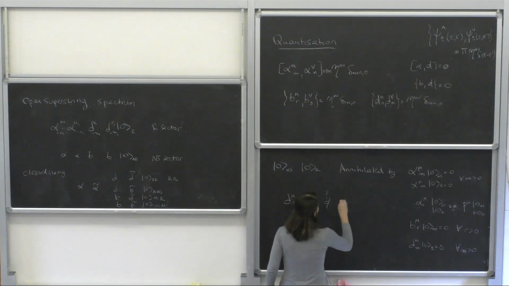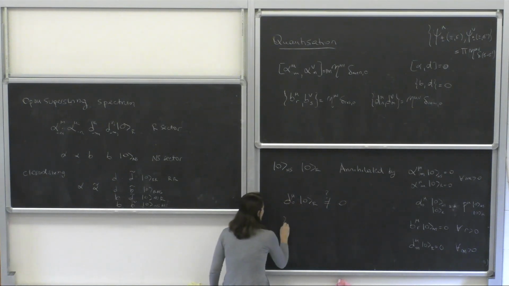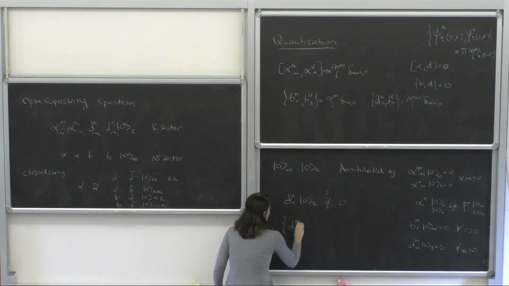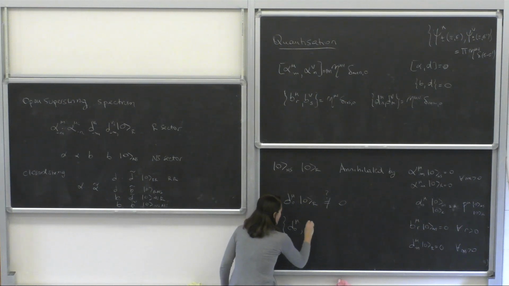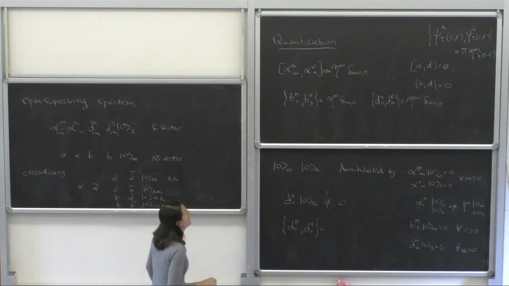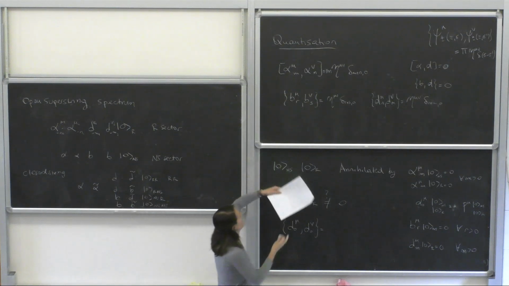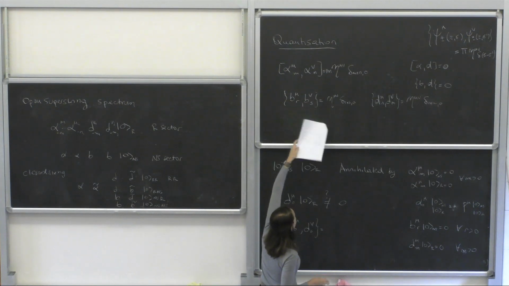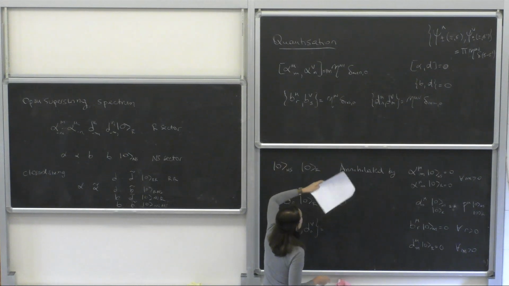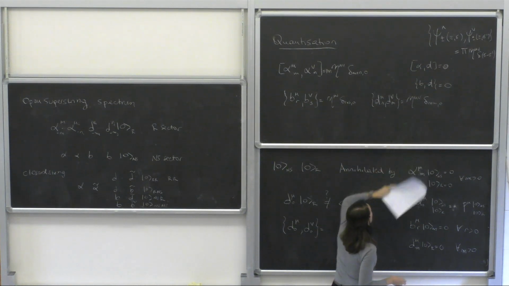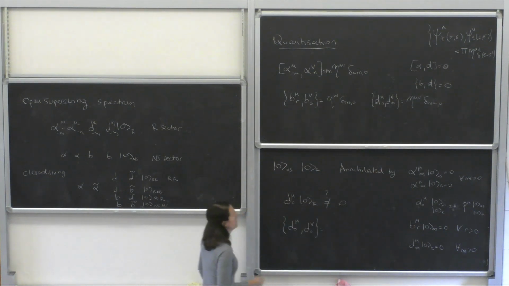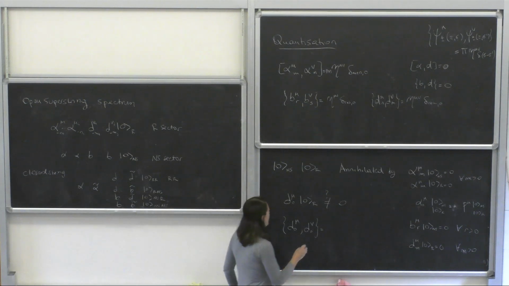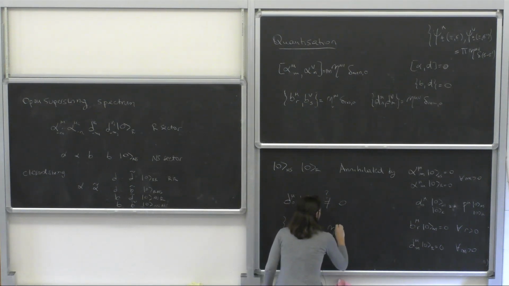Furthermore, d_0 and d_0: in the alphas I have the m, so alpha_0 and alpha_0 commute. But here I don't have the m, so d_0 and d_0 have a non-trivial anti-commutator, which is eta mu nu.